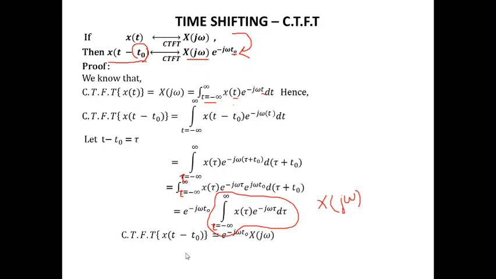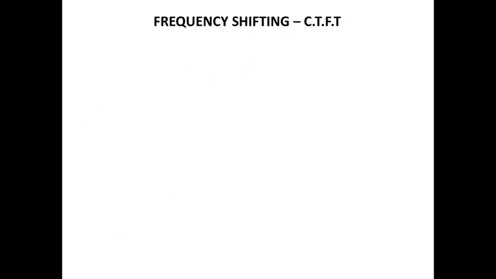CTFT of x of t minus t naught is e power minus j omega t naught into x of j omega. Then we move on to the frequency shifting property. So if x of t has CTFT x of j omega, and the signal x of t is shifted in frequency, that is, if the signal x of t is multiplied by the complex exponential signal e power j omega naught, note down that the constant here is omega naught.